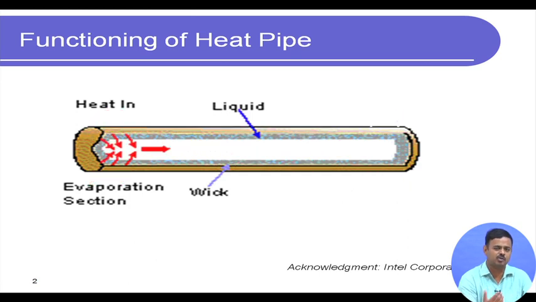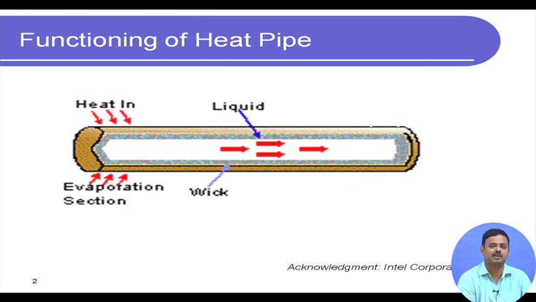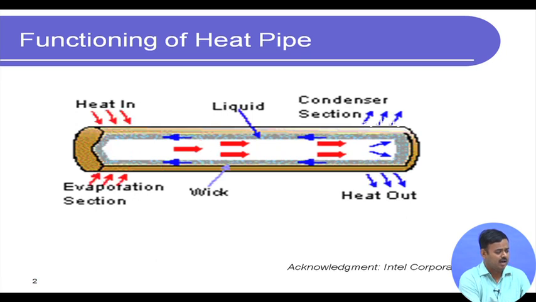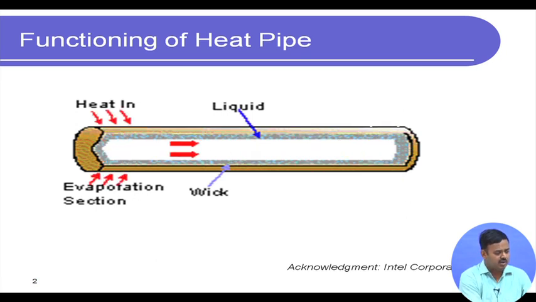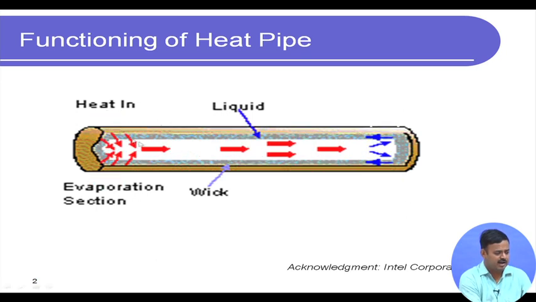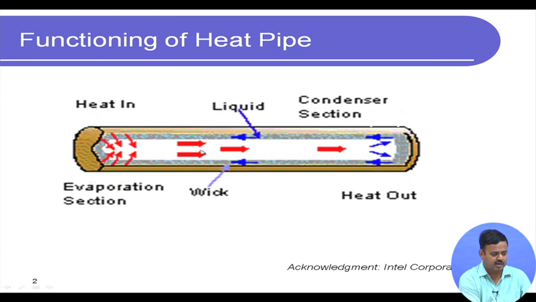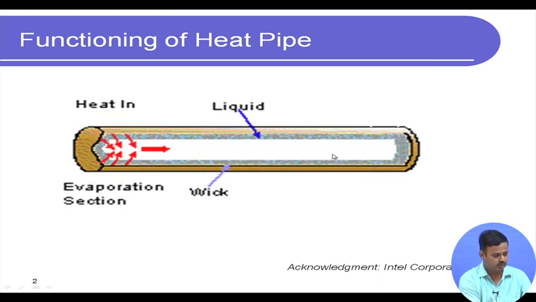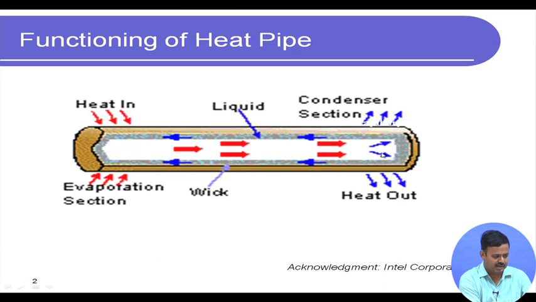Similarly, for other lower pressures, we can get the saturation temperature from steam tables. So, this few drops of water vaporizes, and the vapor starts flowing through the core, which is hollow, from one end to the other end.